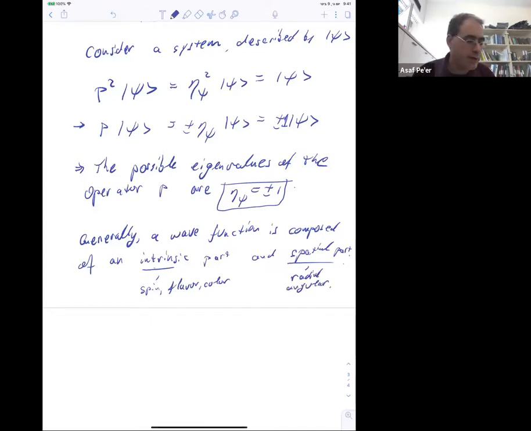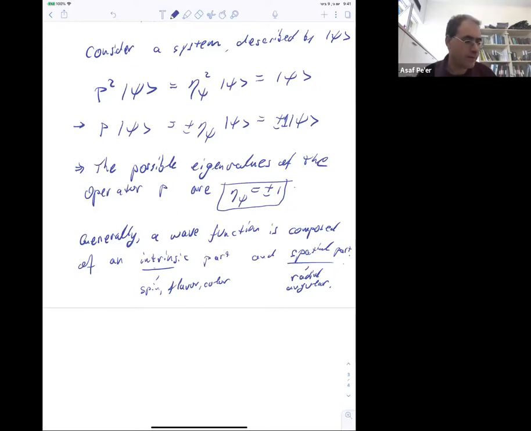Now, for many systems or many particles that we're interested in, we can take the spatial part and write it in terms of spherical harmonics. Now, who here did not see spherical harmonics? Let me see. Nobody is raising their hands.